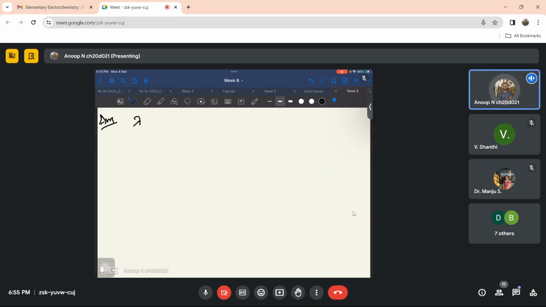So we have lambda 0 is equal to L0 NH4 plus plus L0 ClO4 minus, right?